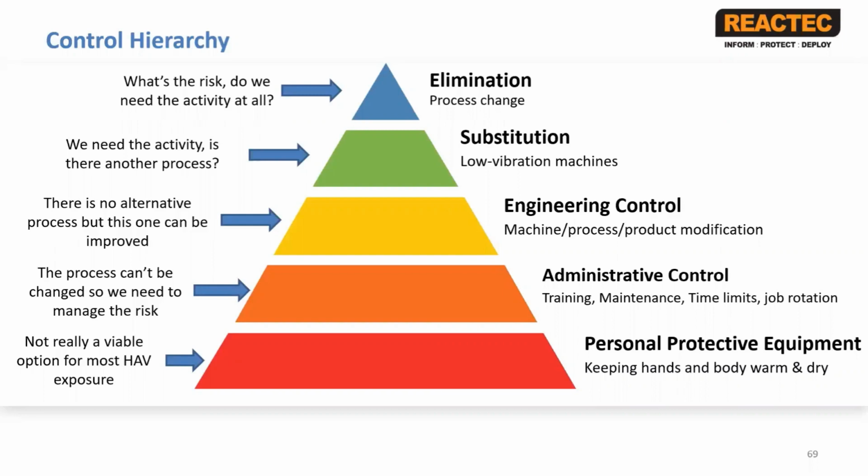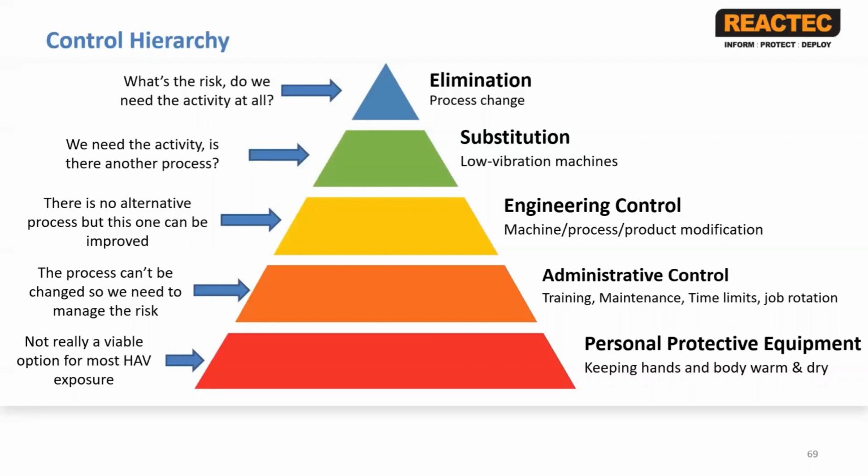Engineering controls are where there is no alternative to the process, but the one that's being done could be improved. So can there be a product modification or a process modification that can lower the risk? Administrative controls are when we see that the process cannot be changed, so we need to have ways of managing the risk, such as training, maintenance regimes, or limiting time when it comes to hand-arm vibration, which is equally achieved through job rotation.